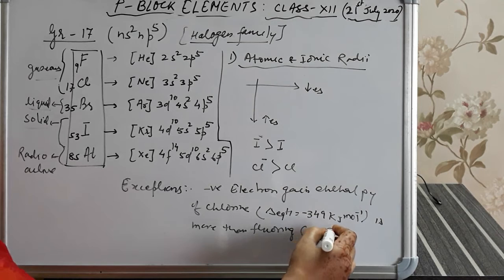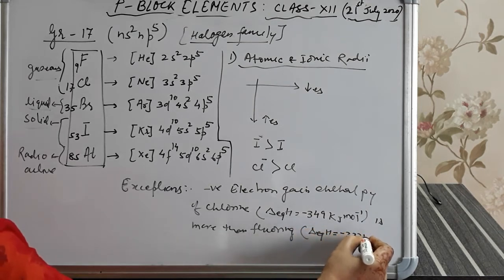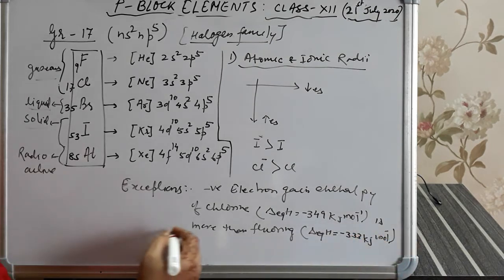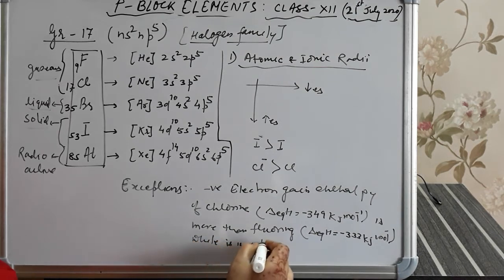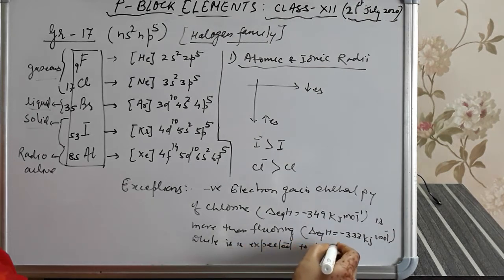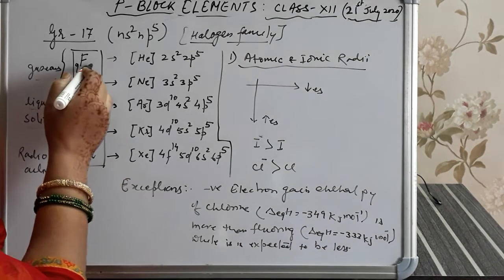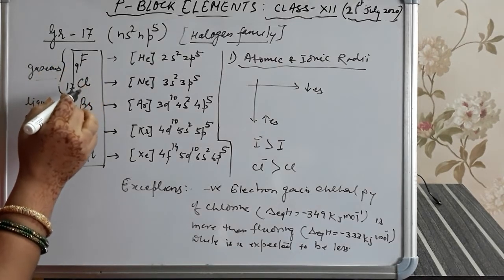Fluorine's negative electron gain enthalpy is minus 333 kilojoule mole inverse, while it is expected to be greater, while it is expected to be less, not greater, less. Why? Because this is found only between fluorine and chlorine.